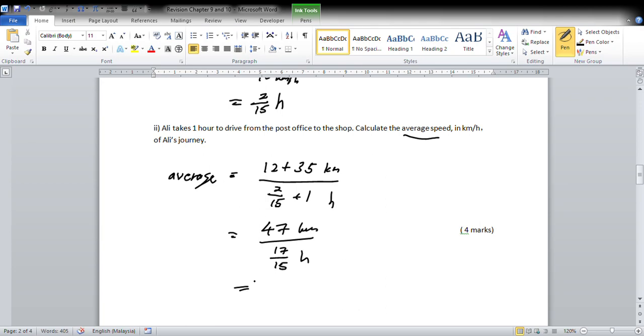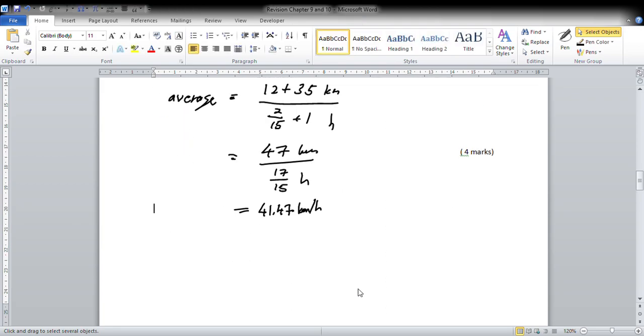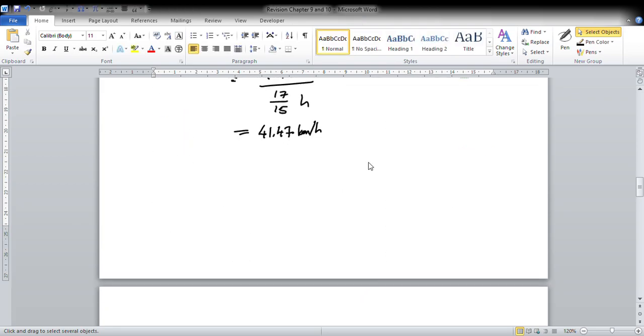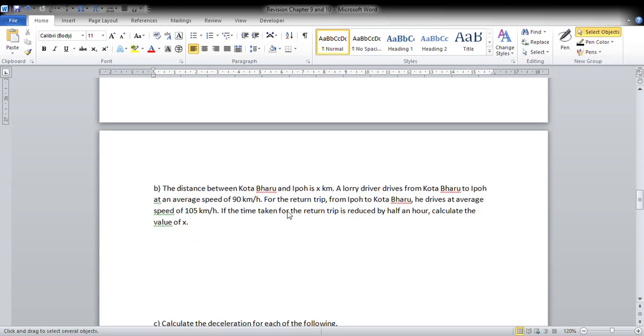After you calculate, you are going to get 41.47 km per hour. So the answer is 41.47 km per hour.